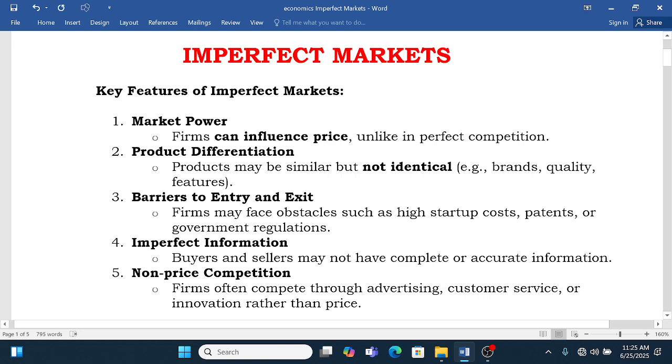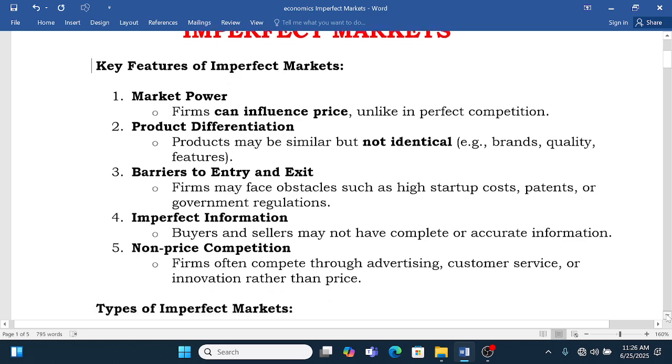There are barriers to entry and exit, so there is no freedom of entry and freedom of exit. There is imperfect information: buyers and sellers may not have complete or accurate information. Non-price competition: firms often compete through advertising, customer service, or innovation rather than price.